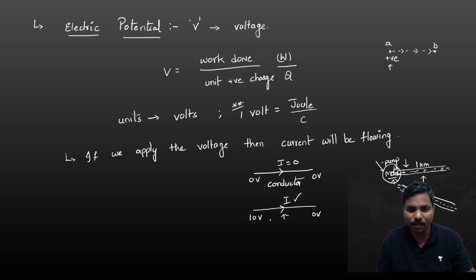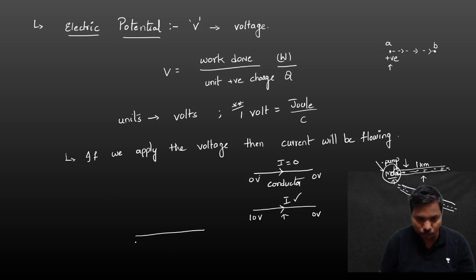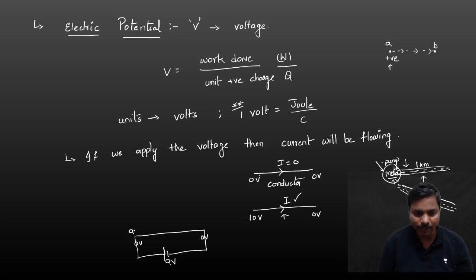In the same way, here also, for example, if you want to send the current through, zero potential here, zero potential here. If you connect one battery here, let us take a 9 volts battery. Now it is creating here 9 volts, negative means 0 volts. Now there is a potential difference. Now whenever there is a potential difference, then current is flowing.